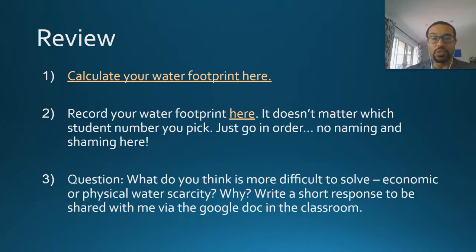It's just not distributed evenly. So which of those two is harder to solve and why, or what are some potential ways we can address either of those two situations? I'm going to put that question on a doc in the classroom, and you can submit that answer to me, and we can discuss it next time we meet virtually.